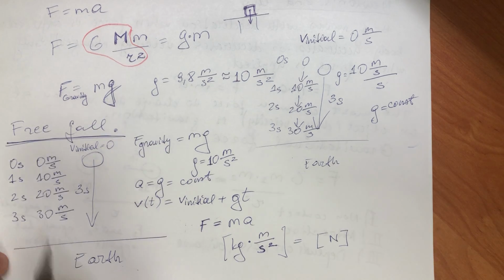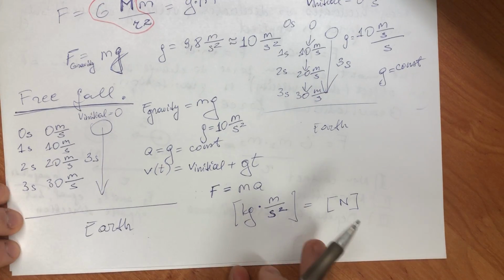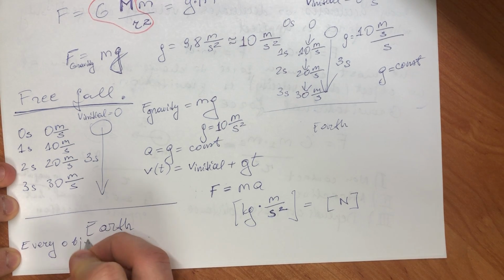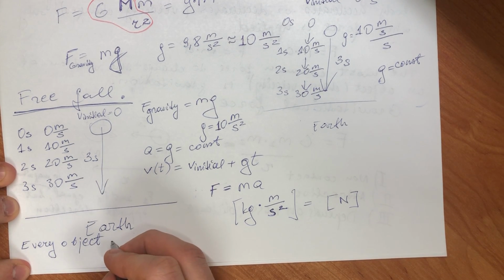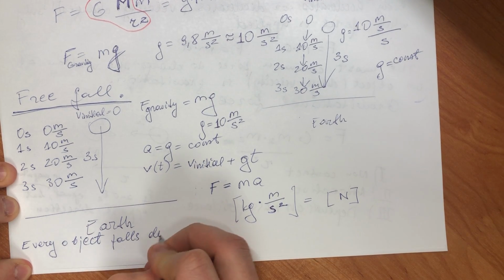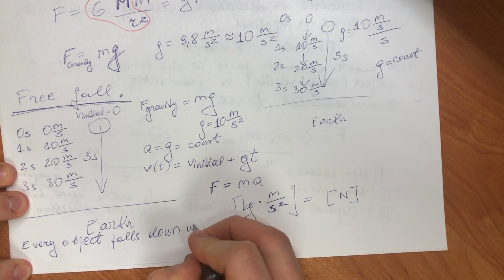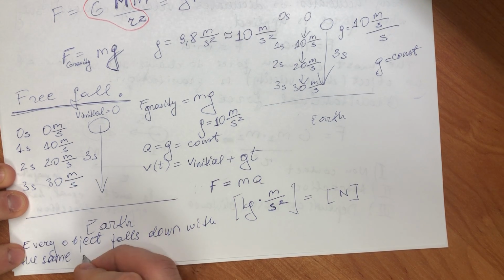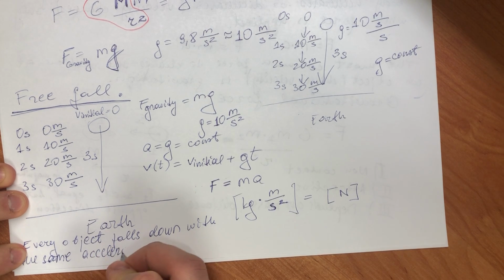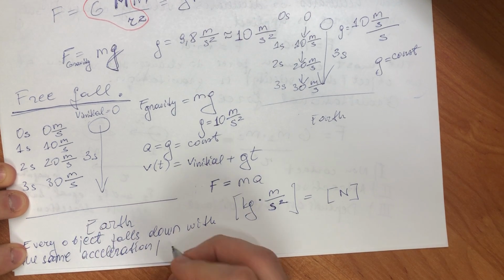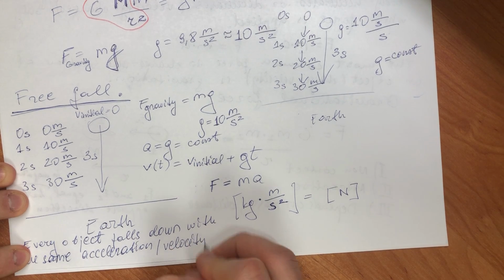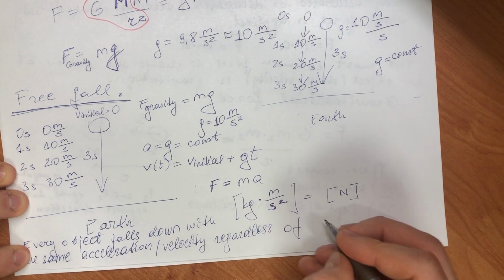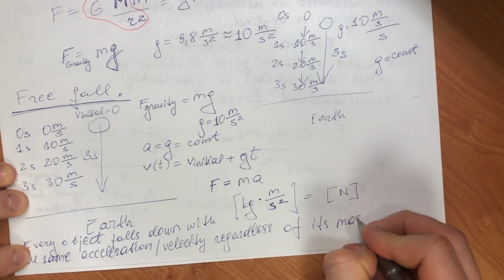So what's very important from free fall is that every object falls down with the same acceleration, velocity, regardless of the object's mass.